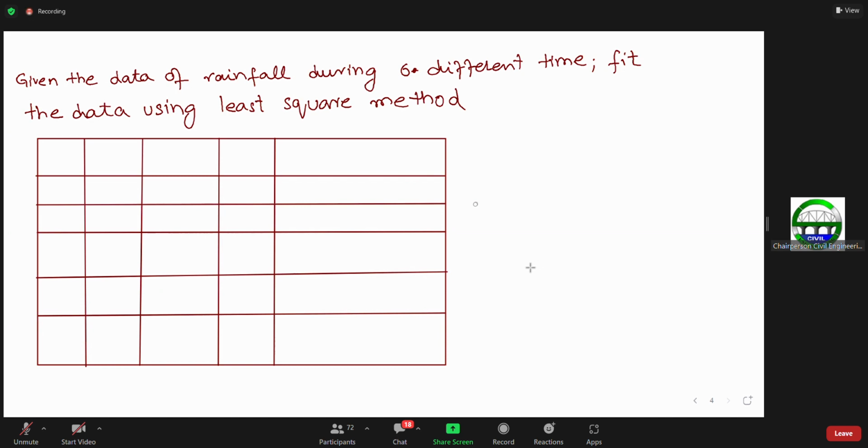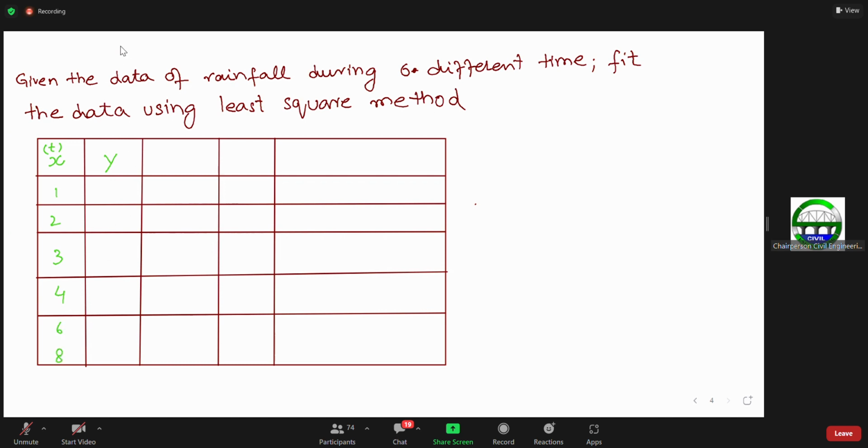The values that I'm writing in green are the given values. This is X and this is Y. X is time: at 1 hour, 2 hour, 3 hour, 4 hour, 6 hour, and 8 hour.